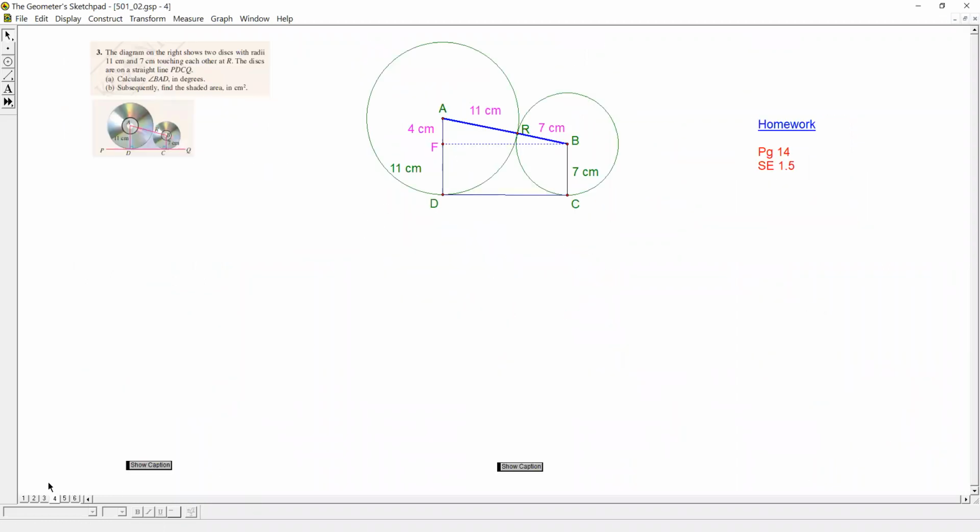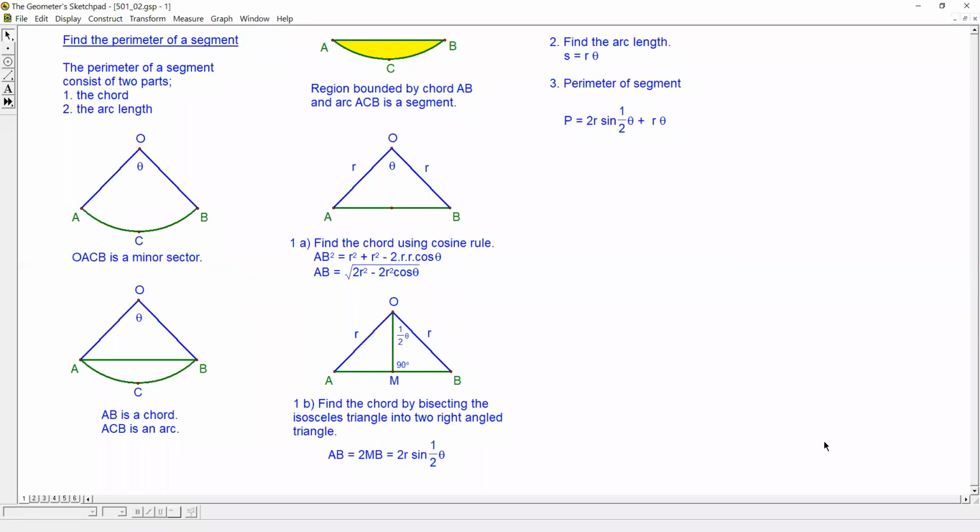Okay. Now we move on to the next one. Other than finding the arc length, you have to know how to find the perimeter of a segment. Before we find the perimeter of a segment, I would like to explain what the meaning of a segment is.